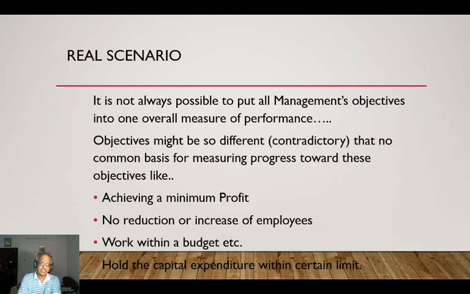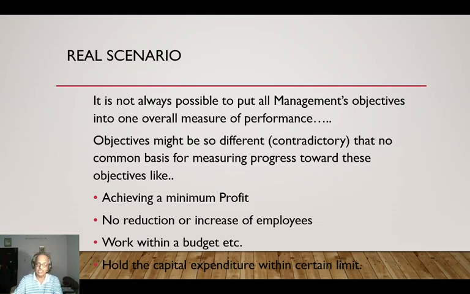So what is the real scenario and what is the objective? Number one, you have to accept all the time that it is not always possible to put all management objectives into one overall measure of performance. This truth you will have to accept. And objectives might be so different that there is no common basis for measuring progress towards these objectives.